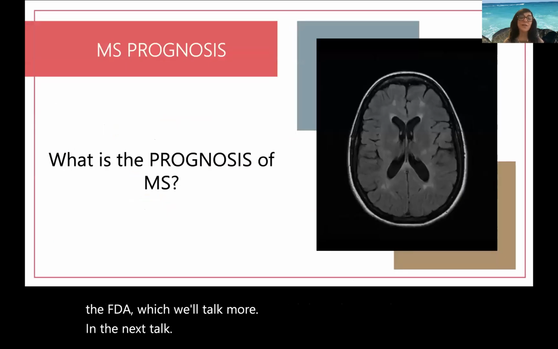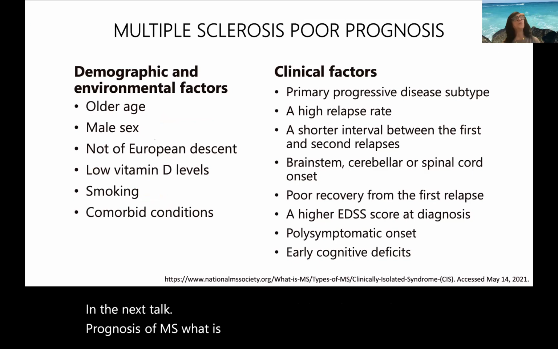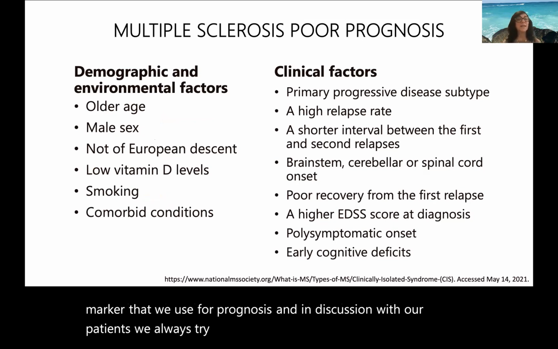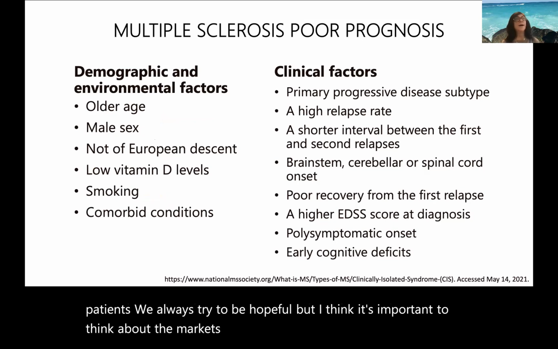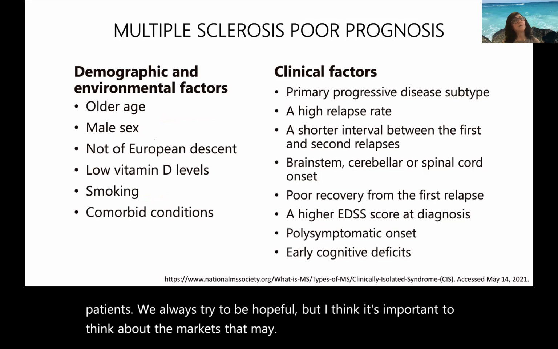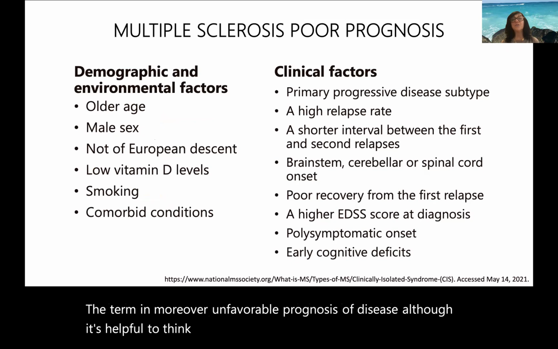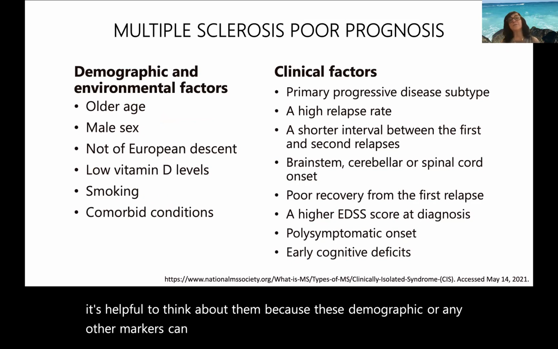Prognosis of MS. There are certain parameters and markers that we use for prognosis and in discussion with our patients. We always try to be hopeful, but I think it's important to think about the markers that may determine a more unfavorable prognosis of disease, because these demographic and other markers can help us be more aggressive with treatment.